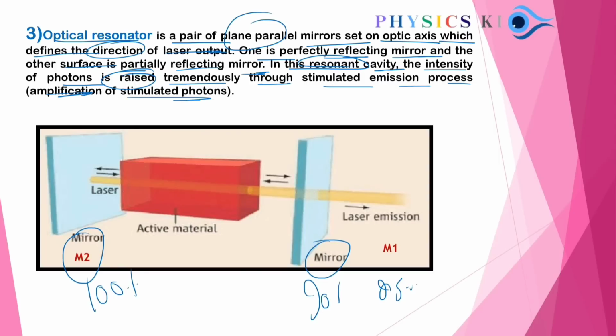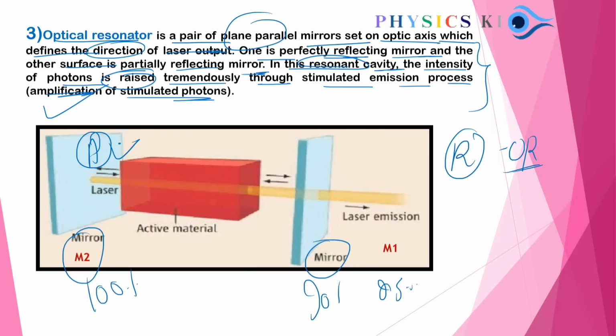And next they are asking, see, in this explanation the answer is already there. Due to these mirrors, the intensity is very high because the amplification process is done. At the end they are asking what is the role of the optical resonator. This is the main role of the optical resonator: high amplification of stimulated photons.